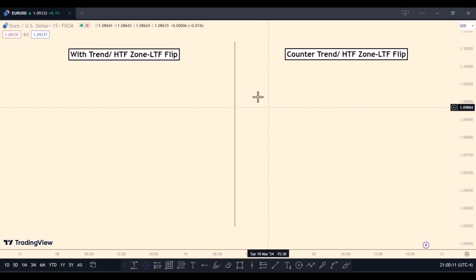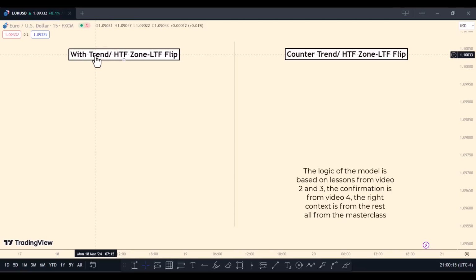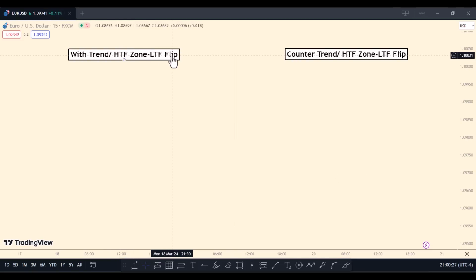So, as I said, this model can be divided into two setups. The first one is going to be with trend, and we're going to use a higher time frame zone or swing point, or an SNDR, and a lower time frame flip, a 5-second market structure shift or a flip. This would be the confirmation.